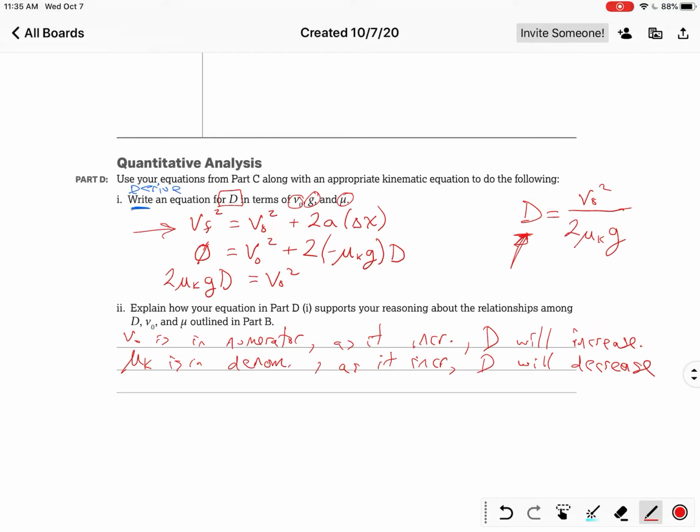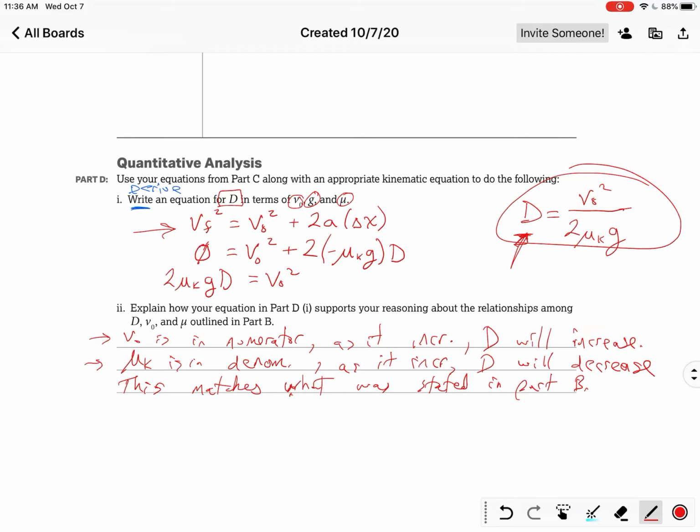So we've analyzed the quantitative relationship, and we've linked it back to what we said before. We can even make that claim. This matches what was stated in part B. Okay, so that is what is known as a qualitative-quantitative analysis, and that is a skill that you need to be able to have.